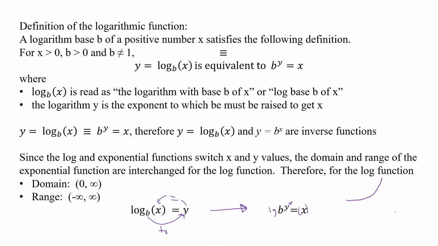We have to get in the right mode here, and so it's going up like this. Our domain is going from 0 to positive infinity, and our range is going from negative infinity up to positive infinity. So that's one of the ways to think about this. It's the inverse.